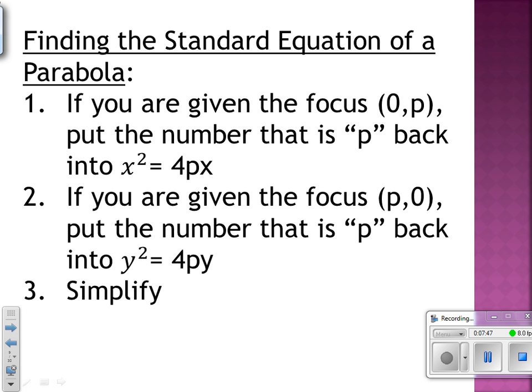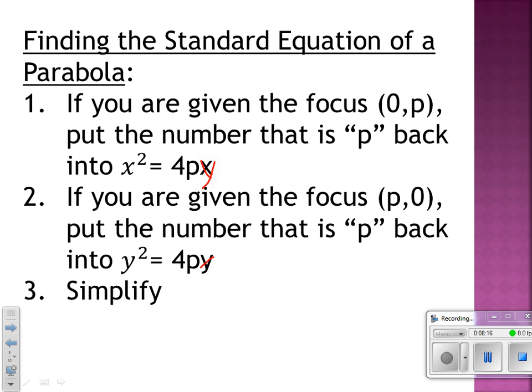Now, finding that standard form. All right, if you are given the focus, 0 and a number, okay, so handing you the focus, you know then that focus is going to be that distance from the vertex. You're going to put p, okay, so whatever that number is paired with your 0 is your p, put it back into that standard form, x squared equals 4px. Actually, that should be 4py.